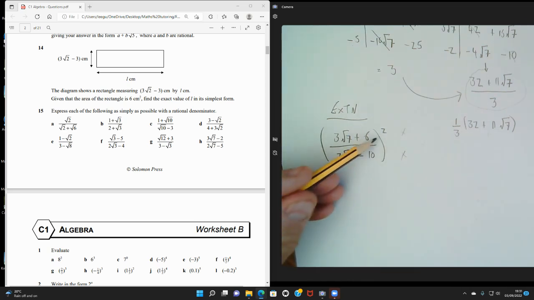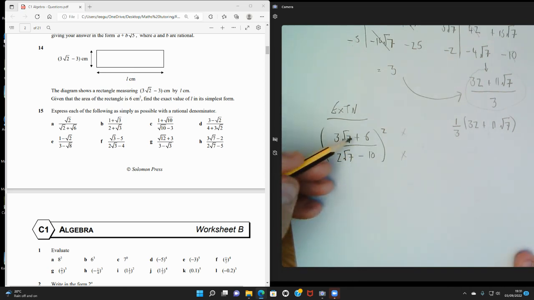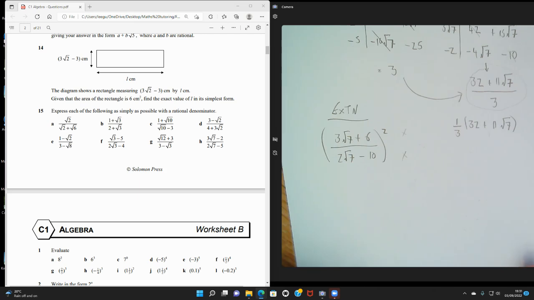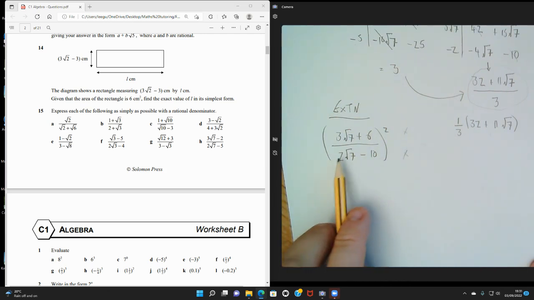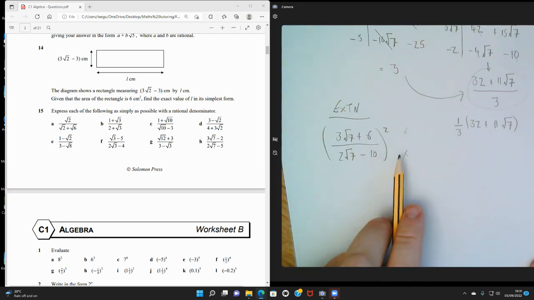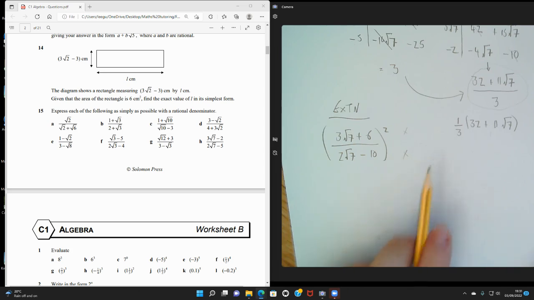The correct approach with this kind of expression would be to expand the brackets first. So we would need to do 3√7 add 6 times by 3√7 add 6, 2√7 minus 10 times by 2√7 minus 10, work all of those out and get a new expression. And it would then be that new expression that we would multiply by the conjugate.